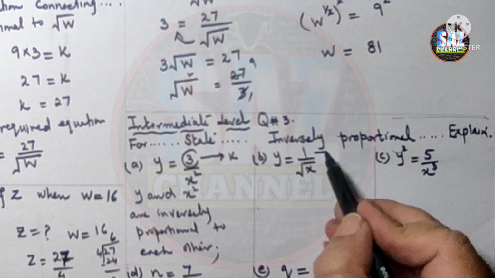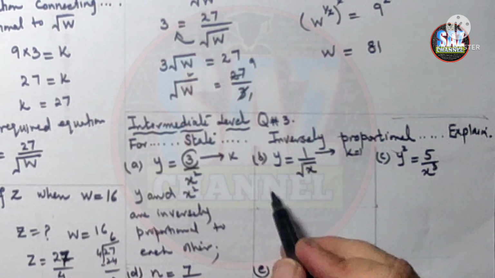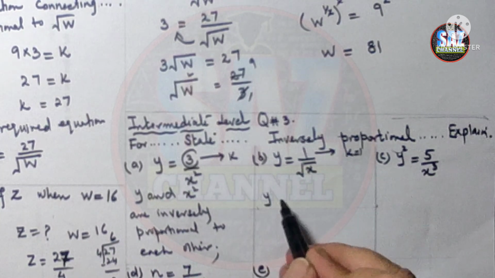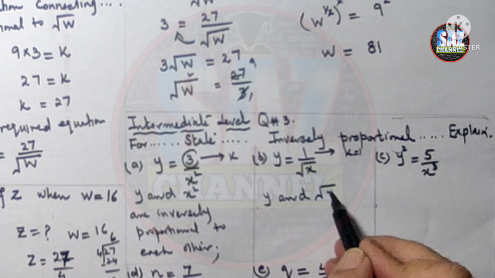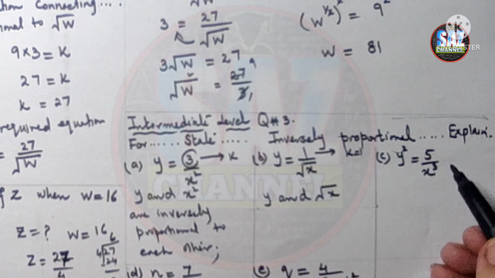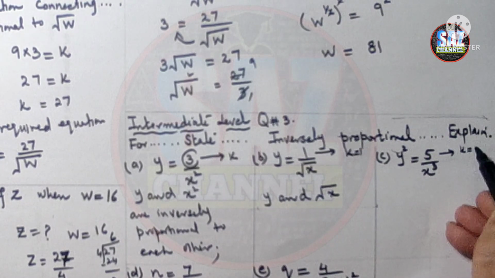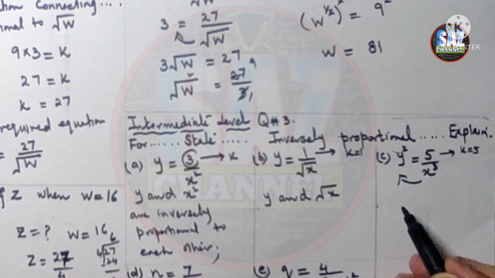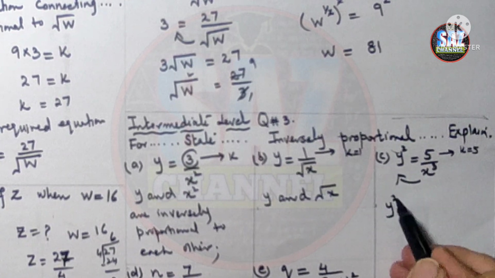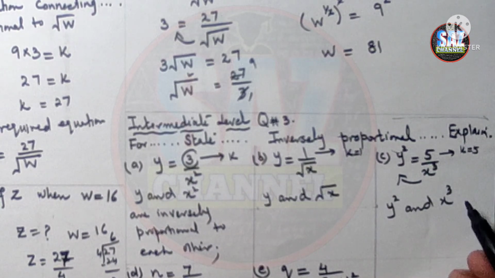This is the constant of variation, and the two variables which are inversely proportional to each other are y and square root x. Moving to the third part, here the constant of variation k equals 5, and the two variables which are inversely proportional to each other are y squared and x cubed.